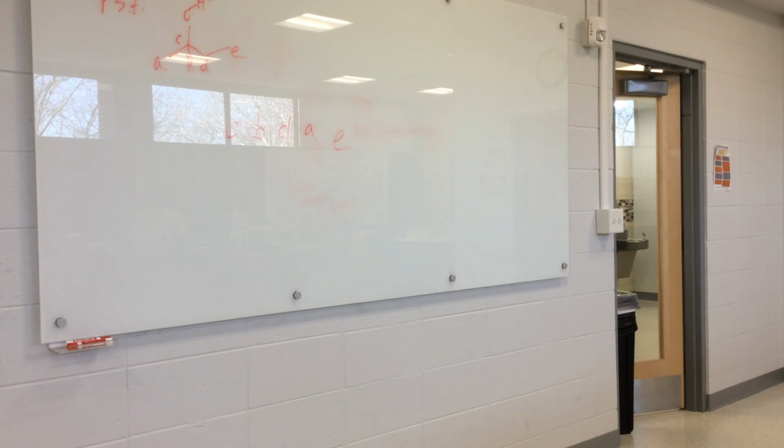And then there's C and E. So which one? We need to keep in mind this double bond lacks electrons. If we compare these two carbons, this carbon should have fewer electrons. Why? Because this is connected to CH, and this is connected to CH3. CH3 has more electrons.